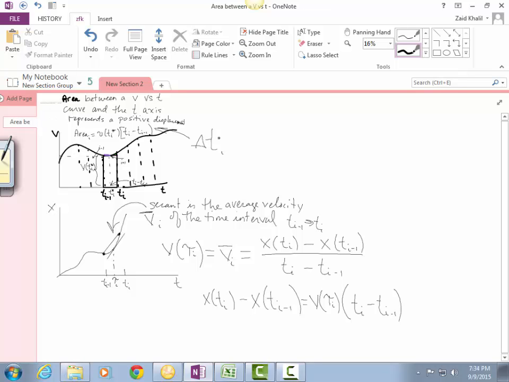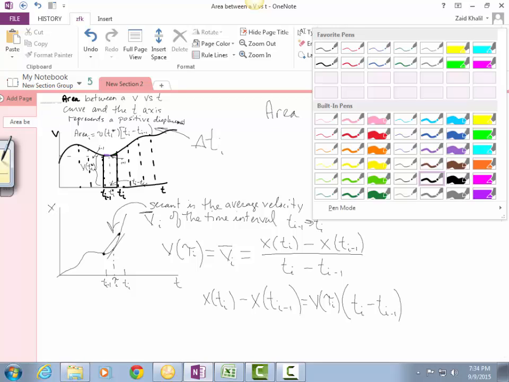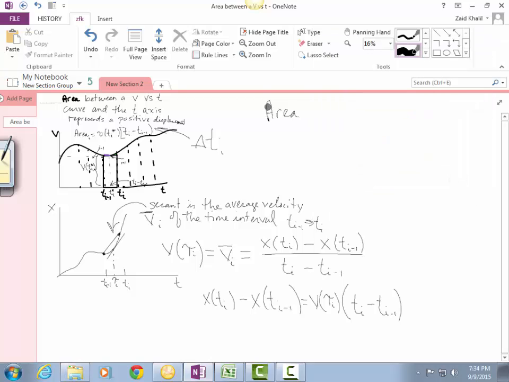So I can now combine both of these. We have the area of the ith interval, which is equal to v at ti star times delta ti, meaning the change in time of the ith interval.